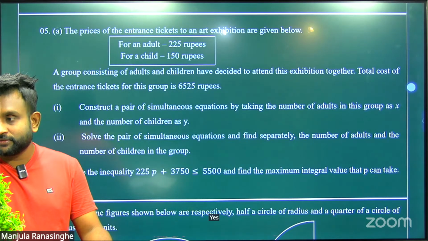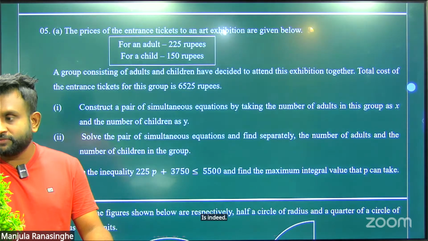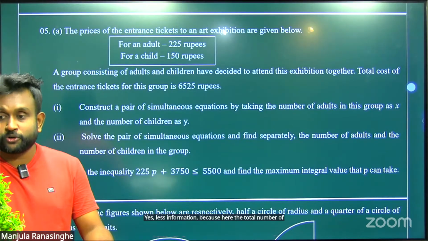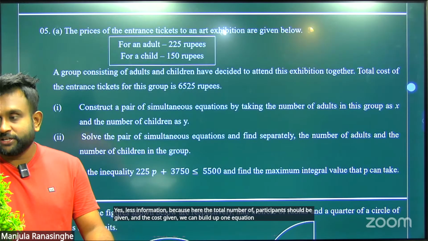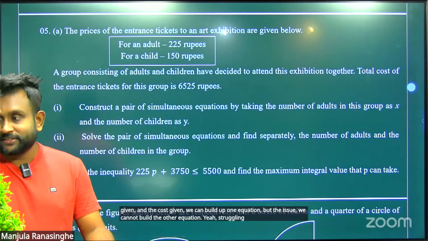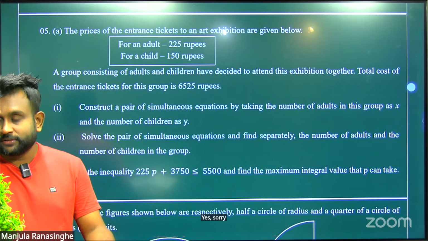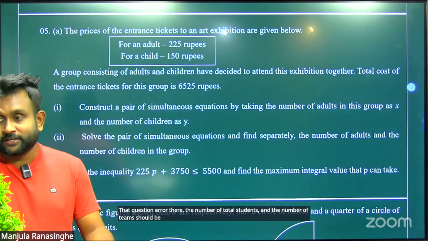Yes, the total number of participants should be given, and with the cost given we can build one equation, but we cannot build the other equation. Sorry for that, that is a question error. The total number of people should be there. Then we can do it.